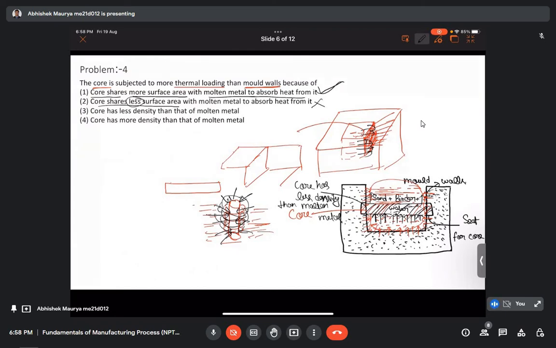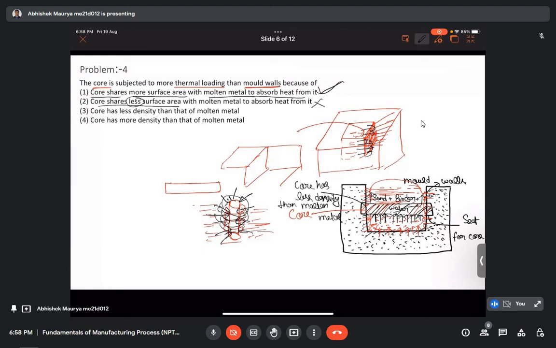So the force which it experiences because of density difference inside the molten metal, that is called the mechanical loading. Whereas the heat transfer which happens from the molten material to the core material, that is called the thermal loading.